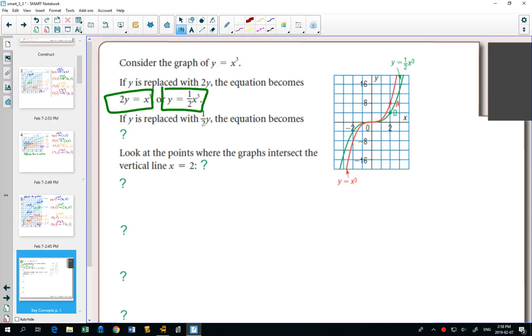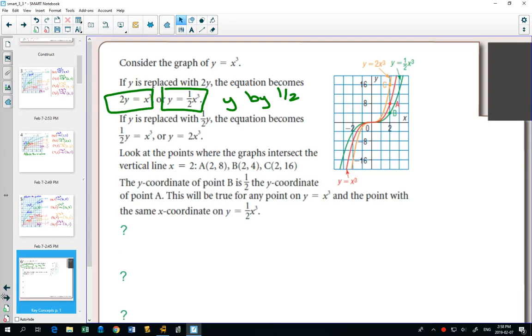Can you see that this would multiply your y values by a half? And sure enough, the point that they looked at, 8, goes to a point at 4. And on the orange one here, they've got a 2 in front. That would multiply your y values by 2.